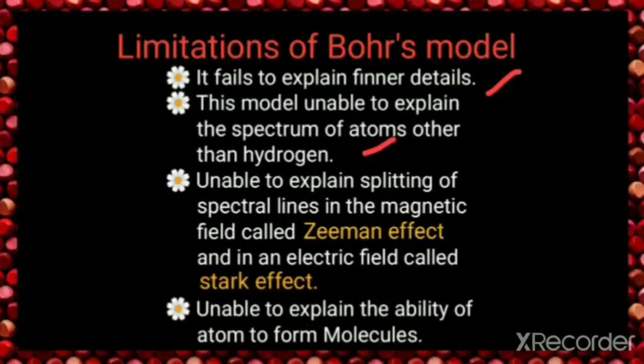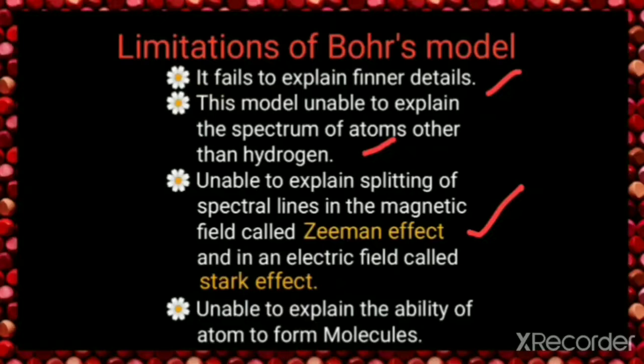It is unable to explain the splitting of spectral lines in a magnetic field, which is called the Zeeman effect. In the magnetic field, we find further splittings of the spectral lines. Such an explanation is not given by Bohr's model, therefore it failed.